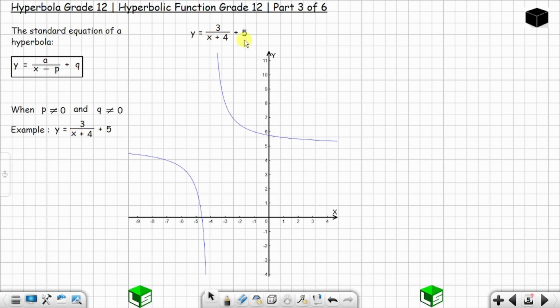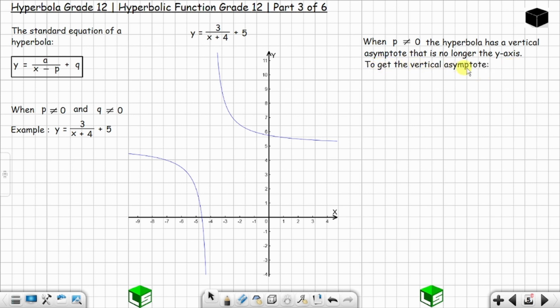So when P is not equal to 0, again, the hyperbola has got a vertical asymptote that is no longer the y-axis. To get the vertical asymptote, always take what you have in the denominator there. You have x plus 4, you equate it to 0, and you solve for x.